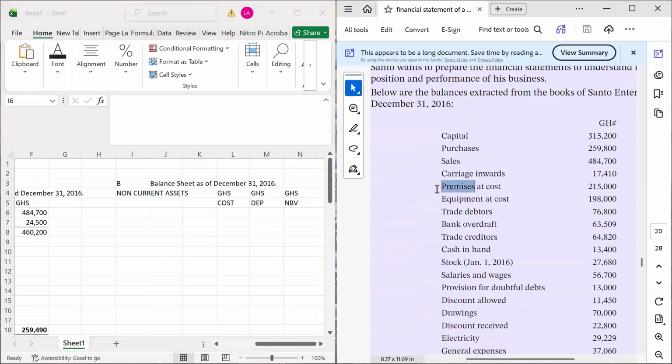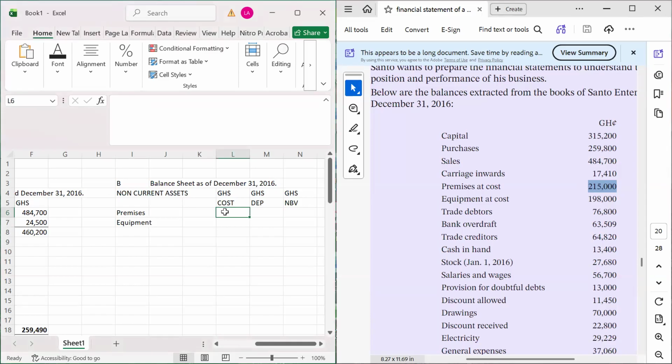And so the first asset we have in this question is what? Premises. Premises is the asset. You put it here. The second one is what? Equipment. You put it here. Now, what is the cost? The cost of the premises is this one. Are you following?